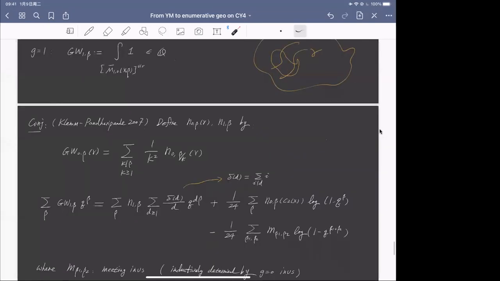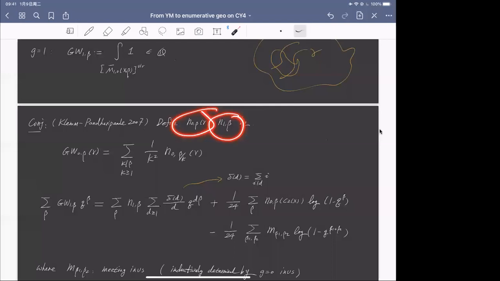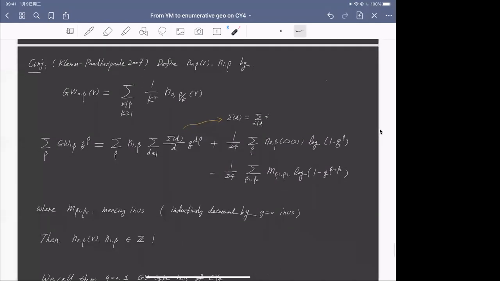Similarly, you can define n_1 β by the genus 1 information and something related to genus 0 information, but I don't want to go into details here. Anyway, through some complicated manipulation, we end up with two things, n_0 β and n_1 β. Their amazing conjecture says that they are integers.